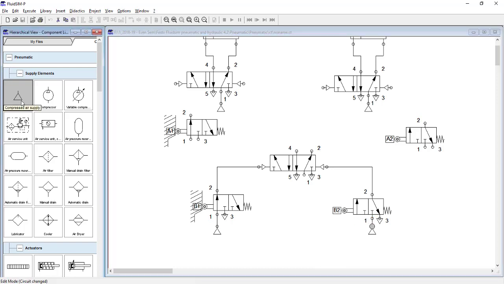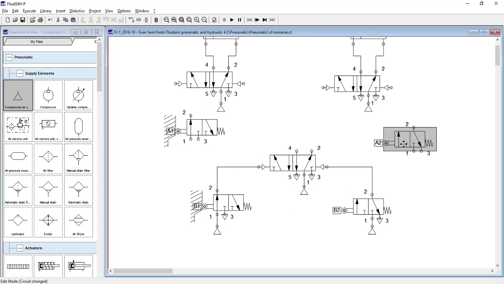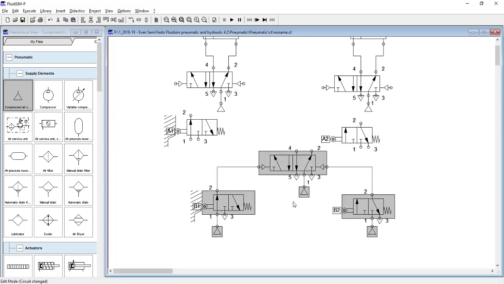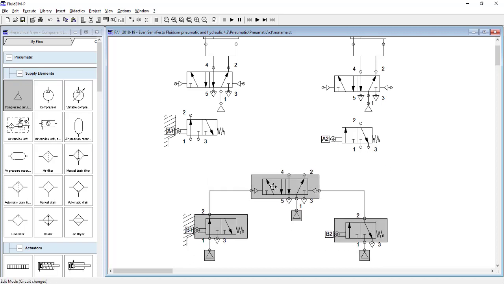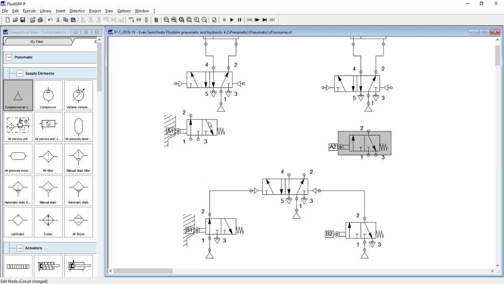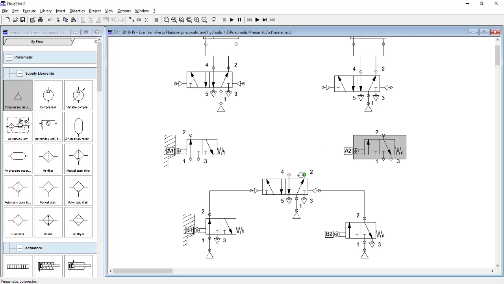Just one more compressor for here. Remember, in an actual system, in an actual industry, there will be only one or two compressors, but over here we can draw as many as we like because it is easier, right?